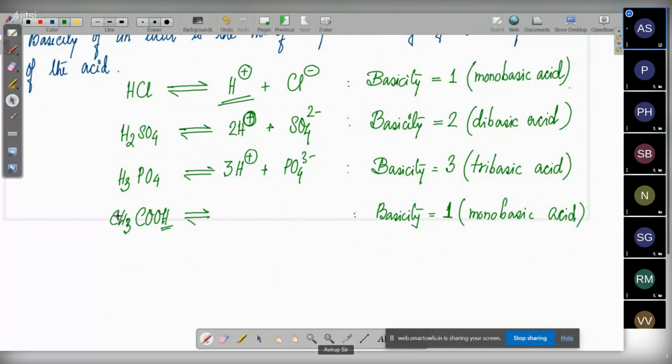The other hydrogen, since they are bonded with carbon, it is not possible to remove those other hydrogen. So only one hydrogen can be replaced, and the other 3 hydrogens remain in the molecule. That is why for acetic acid, the basicity is going to be 1.